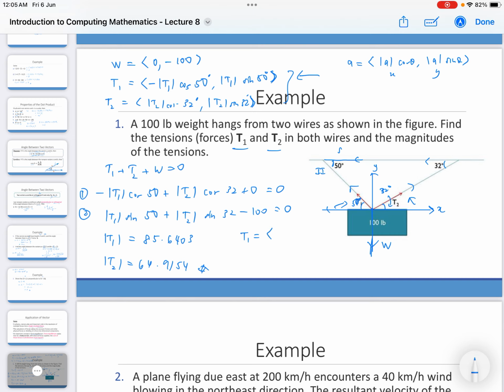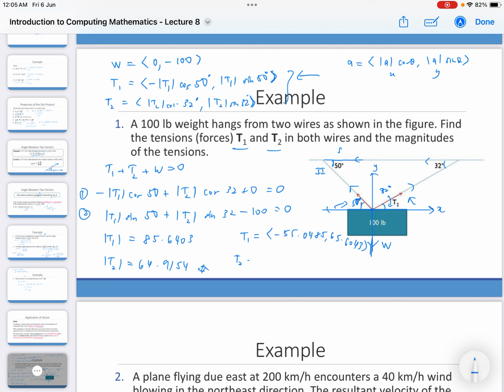So the vector T1 is equal to negative 55.0485, and the second component is 65.6043.